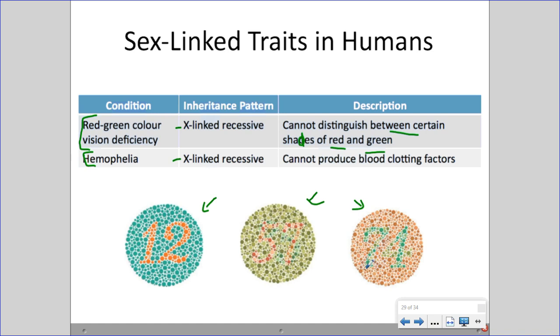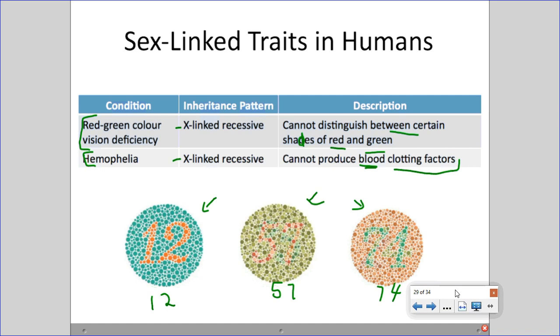Somebody who is red-green colorblind cannot distinguish these numbers, especially the middle one. You should be able to see a 12, 57, and what looks like a 74. With hemophilia, these individuals cannot produce blood clotting factors and are very susceptible to bleeding, so they don't clot properly.